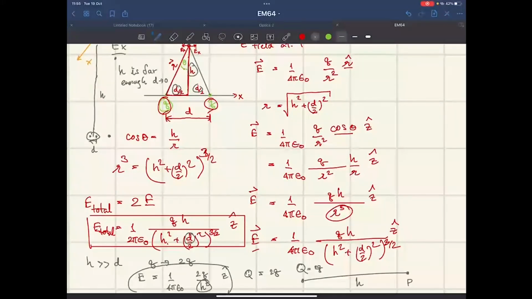When you go far enough, the two charges become one charge, but you have to multiply by 2 because there are two charges combined: one of them is Q, the other one is Q. So combined, it becomes 2Q, but it just behaves like a point charge.